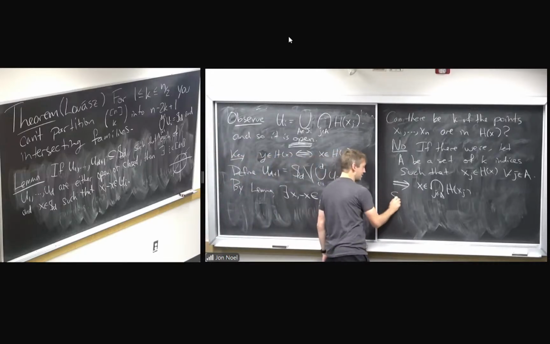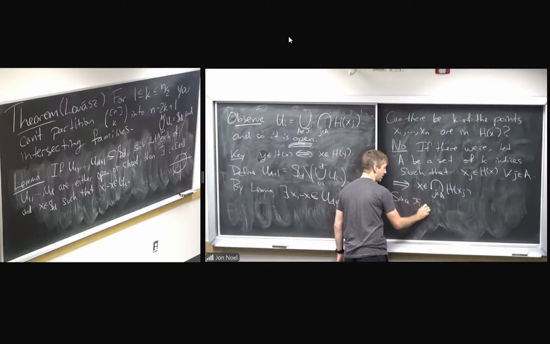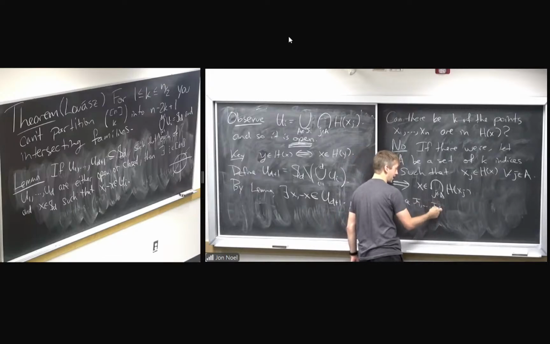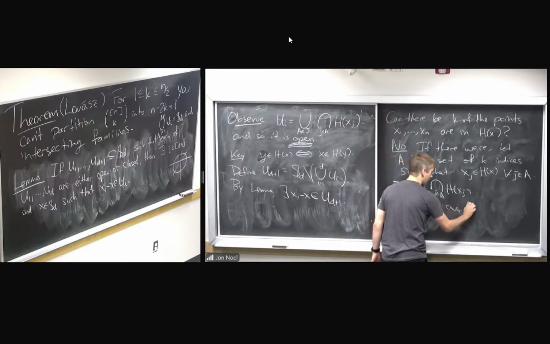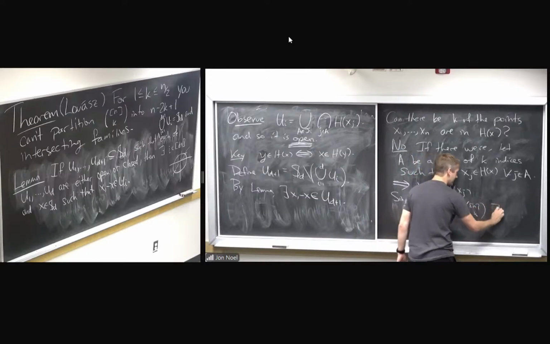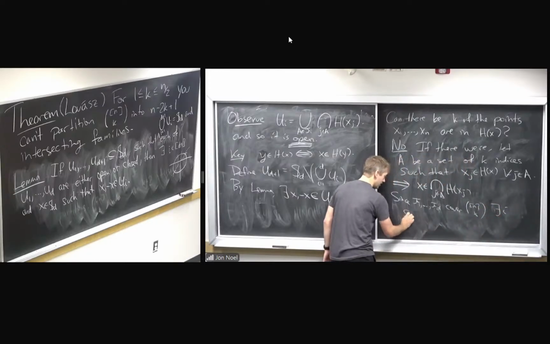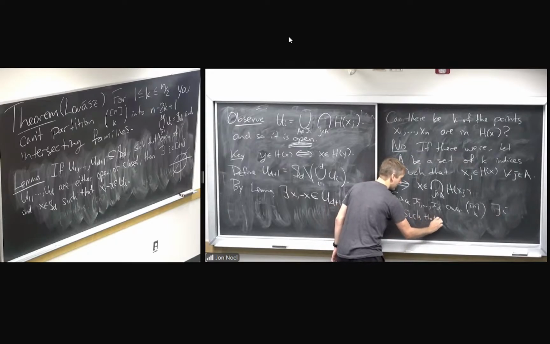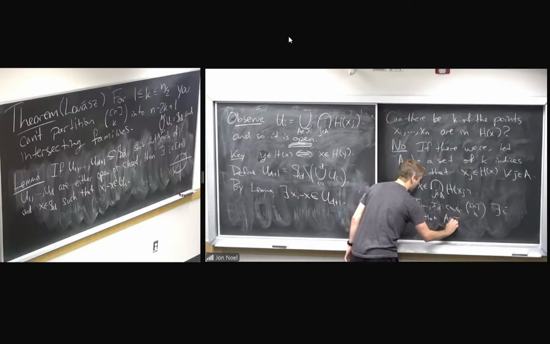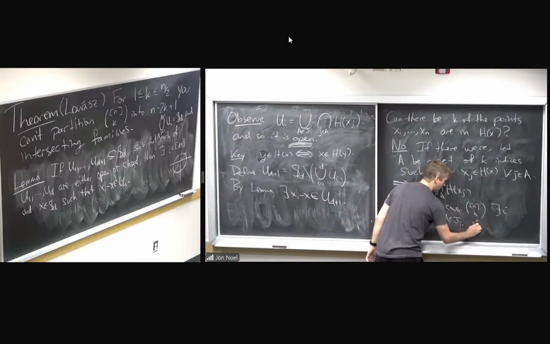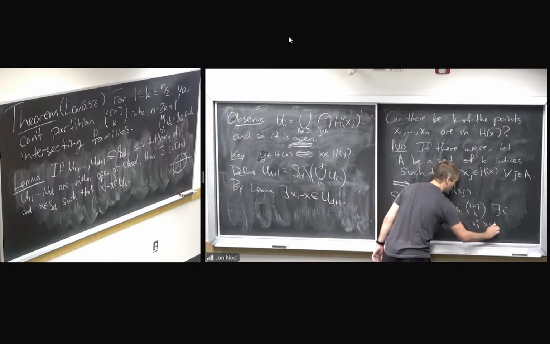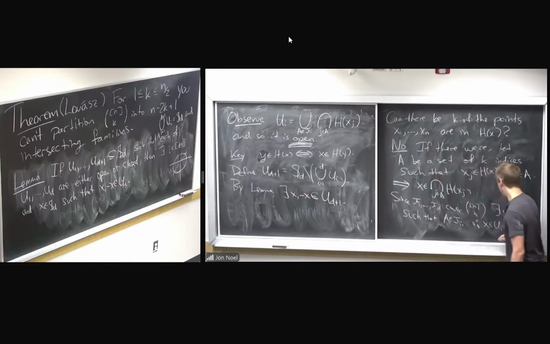And now since the F1 up to Fd collections cover n choose k, there must exist an i such that A is in Fi, but then this would tell me that x is in ui. But that's not possible because x is in u(d+1), which is the complement, so that's a contradiction.